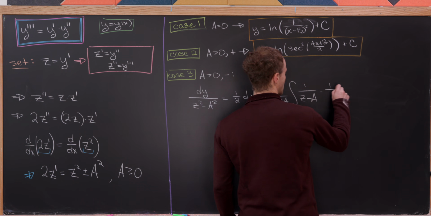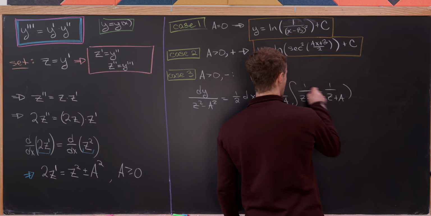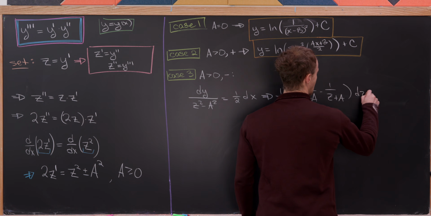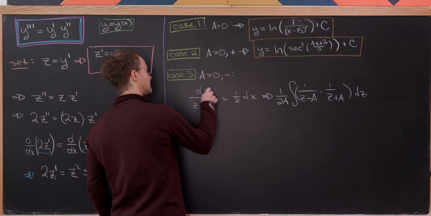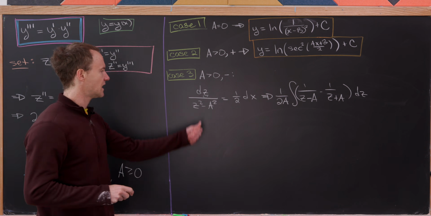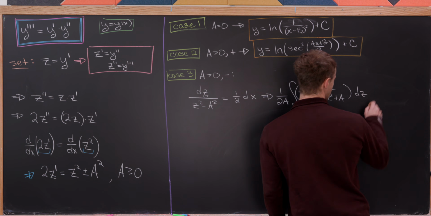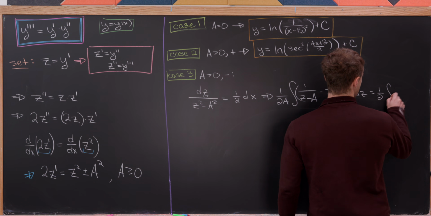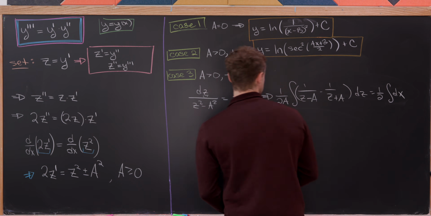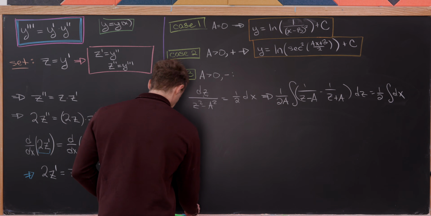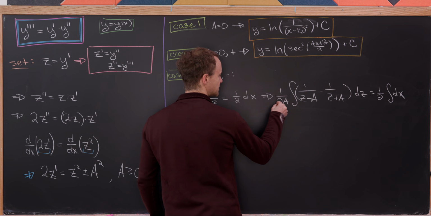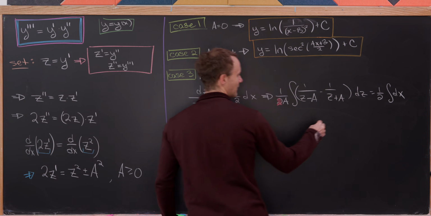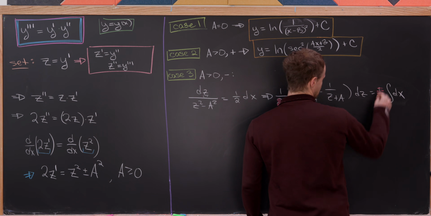And then minus 1 over z plus a, and then this is our dz. Okay, great. And then we'll have a 1/2 dx on the other side. So here we have 1/2 antiderivative dx. And then let's observe immediately that we have these two floating 2's in the denominator that we can cancel.